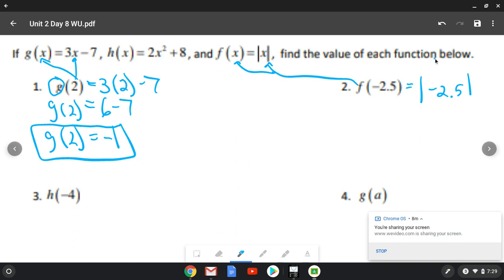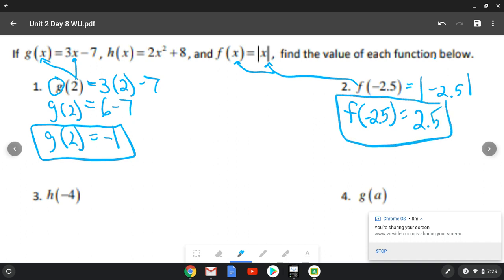And then we plug in -2.5, using the negative button next to the period. I'm going to close the abs, or get out of it if you're in an 84, and press enter. You get positive 2.5. So now f of -2.5 is equal to positive 2.5. So that's our answer for number 2.